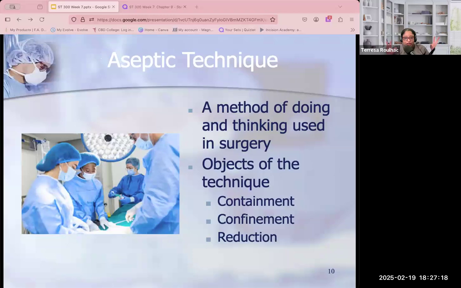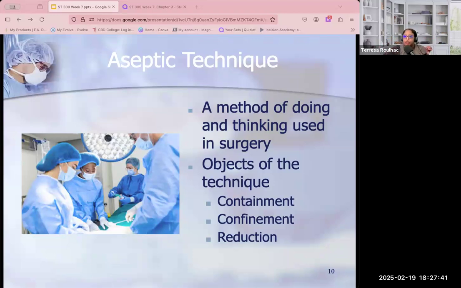Okay. All right. So, talking about aseptic technique, the method of doing and thinking in surgery. Now, this just refers to the disciplined approach and the mindset that we use in the operating room just to make sure that our patients have successful outcomes during all of our procedures.